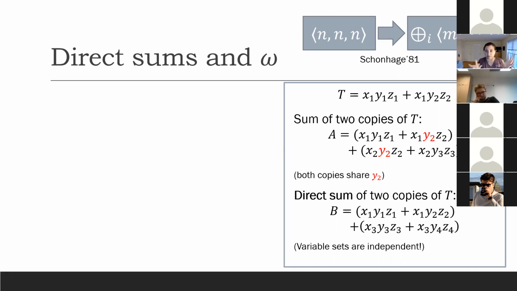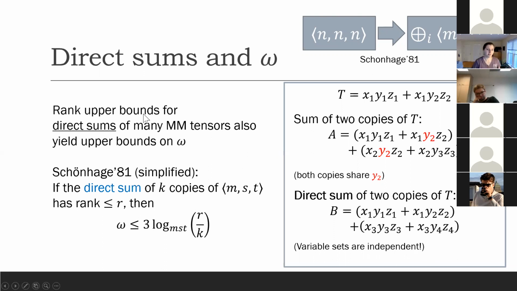They don't share any variables. So intuitively, you shouldn't be gaining anything from solving them together, but it turns out it can still gain something. So this is a direct sum: the sum of a bunch of tensors that do not share variables.